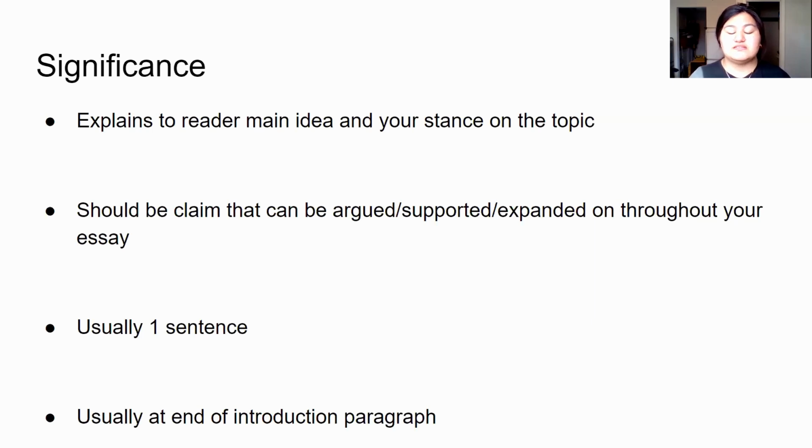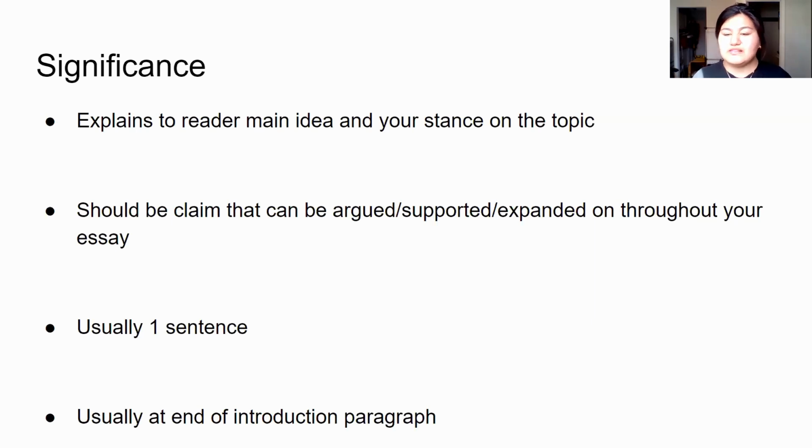If you were giving one example, you could say that the reason you believe kids should get allowances is because, and then your first reason, instead of just saying because they should, and that's it. It should be something that you can expand on. So kids should get allowances because it helps them save for the future, and then that's something you can expand on. So what are they going to be saving for the future, if that makes sense?